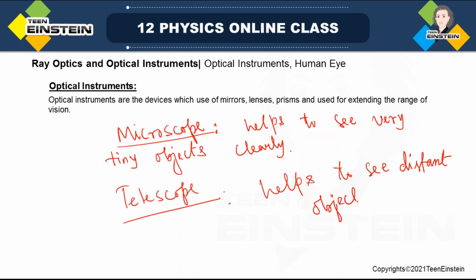Okay, so optical devices or optical instruments are actually helping tools for the human eyes. The objects which we cannot see with our naked eyes, like very tiny, microscopic objects, or even nanoparticles nowadays, can be seen with an electron microscope.